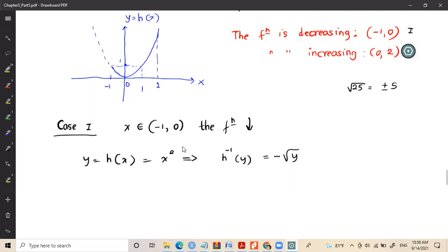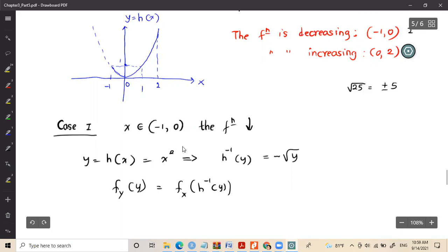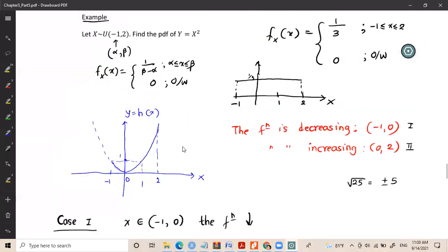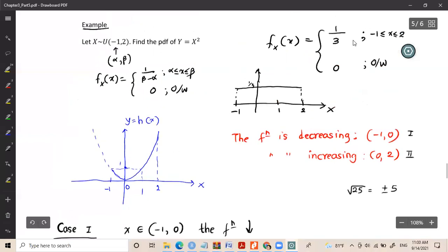Now, so here's our inverse function. So let's apply the theorem. The derivative of h inverse y. Right. So our f(x) is what? 1/3, and you don't see x here, so there's nothing to replace.